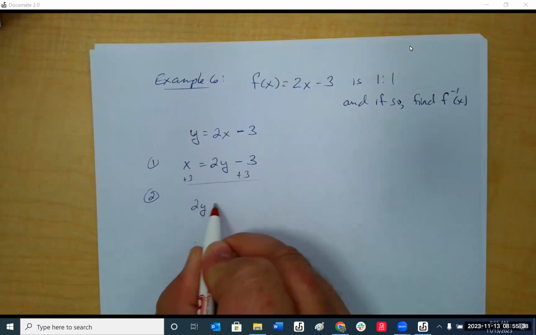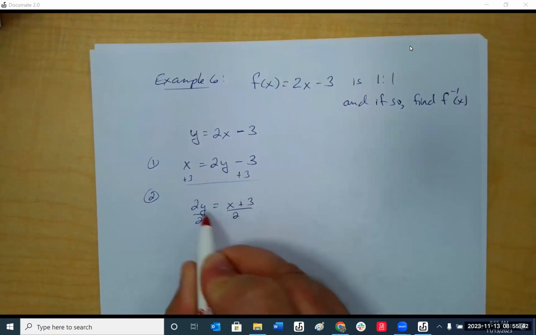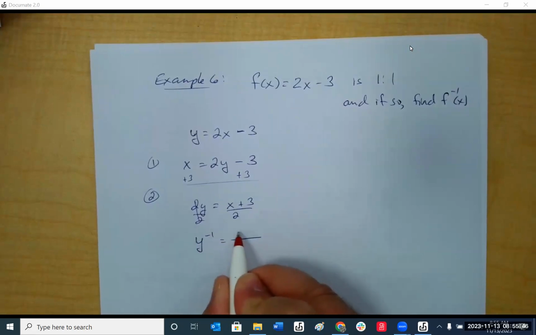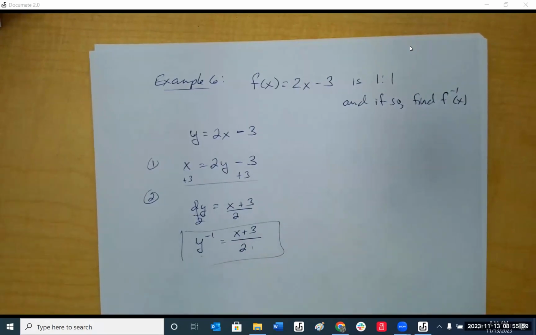So 2y equals x plus 3. So the inverse is x plus 3 over 2. And it's unique, so it is 1-to-1, because there's no more than one answer. And there's the equation, there's a function.